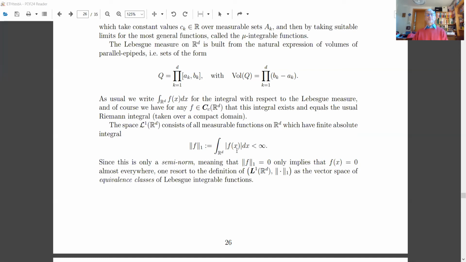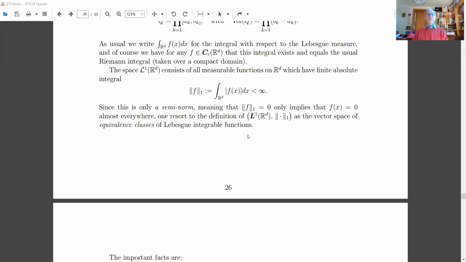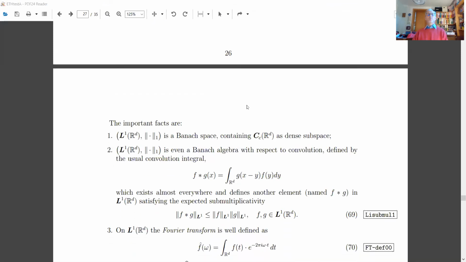But of course, the problem is that if you write the convolution integral in this level of generality, it will exist almost everywhere. But that's good enough to show that it represents one class. And so you have a symbol for f convolved with g. Now for Lebesgue integrable functions, it's representing another class, and so on and so forth. So it's a rather delicate thing.